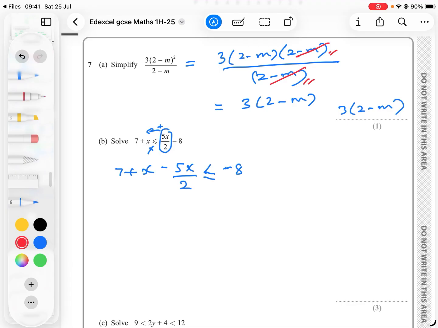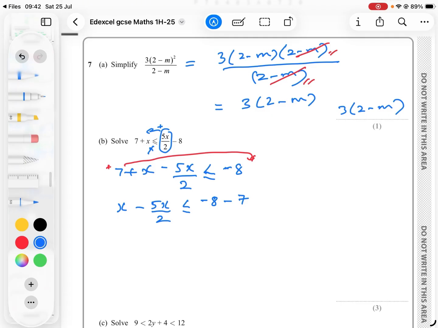Now next step, you need to move 7. Positive 7 you move from the left to the right hand side. So x take away 5x over 2 is less than or equal to minus 8 minus 7, because positive 7 becomes negative.